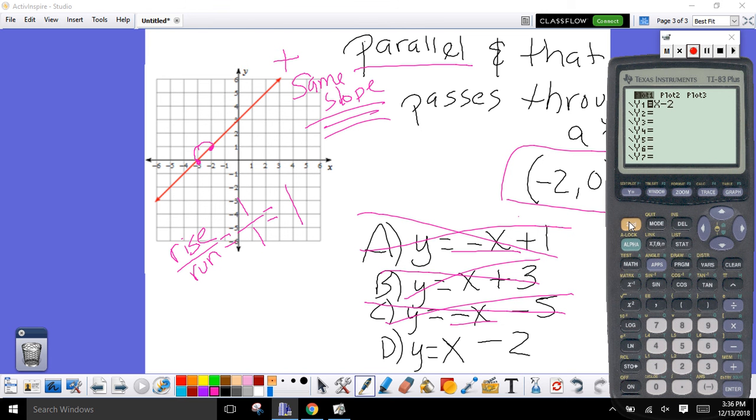So I'm going to go to the table. Now I'm going to check to see if it has that point -2, 0. That should give me a 0. 0, -2. Oh.